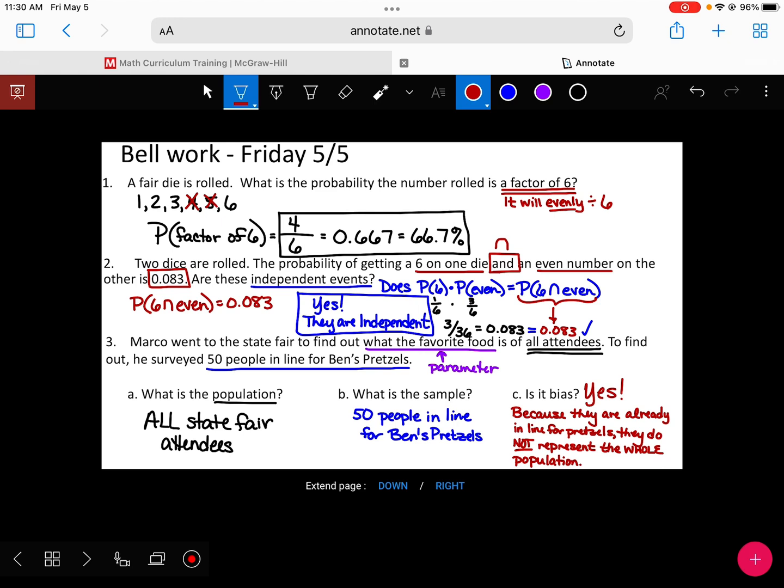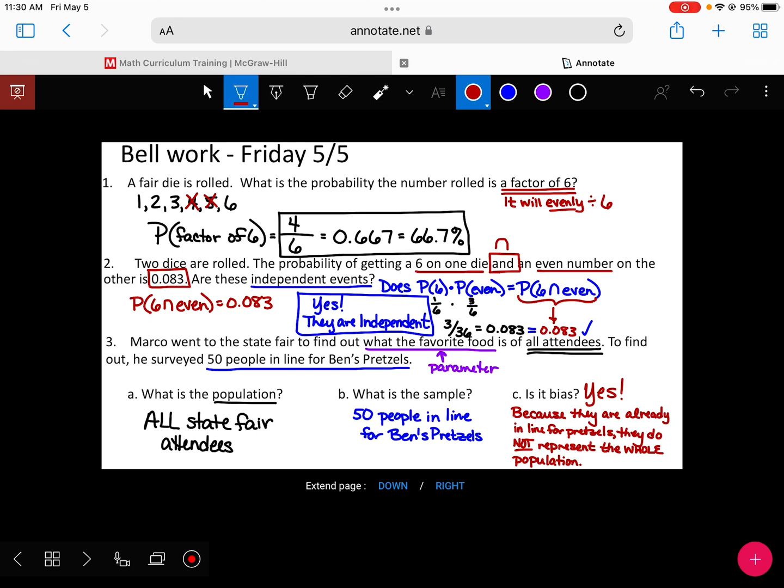So how could he go about doing this? How could he pick out a sample to make sure that all the different opinions are represented in his sample? What do you guys think?